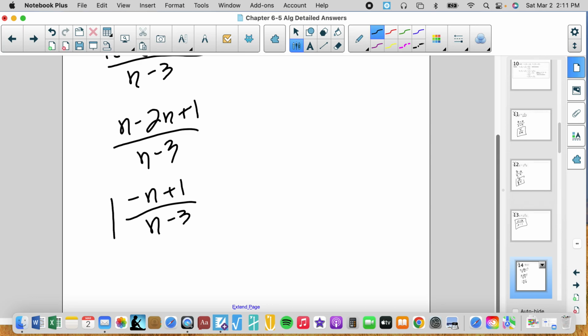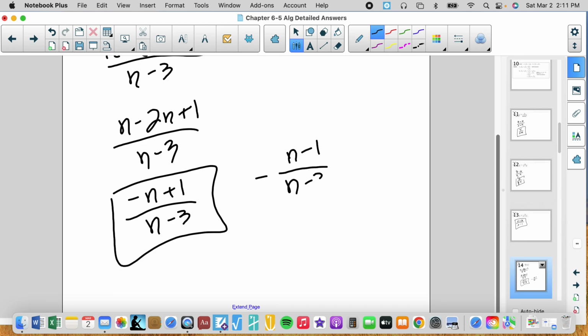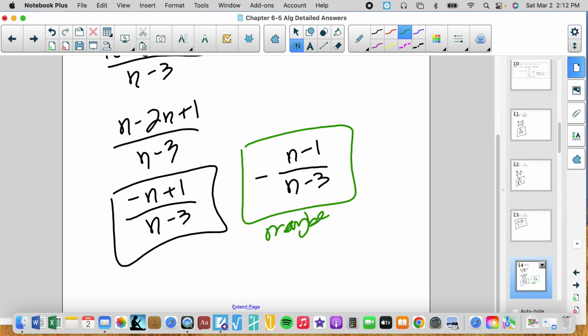I mean, this is okay. You may see somebody factor out a negative and you have n minus 1 over n minus 3 with that negative. Maybe that might be an answer. Probably wouldn't write it with the parentheses around it, quantity, which you would have to, but you might see it in both of those.